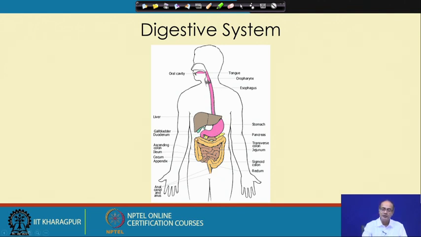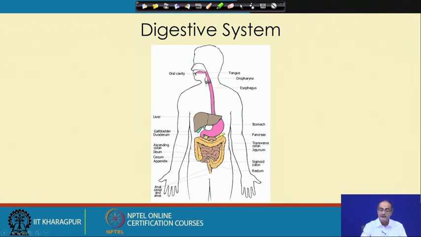Then as it comes out of the stomach, it gets into the intestine, where the rest of the digestion happens. For that, we get secretions from the gallbladder and the liver, and they change the medium to basic, because those enzymes cannot work in an acidic environment.